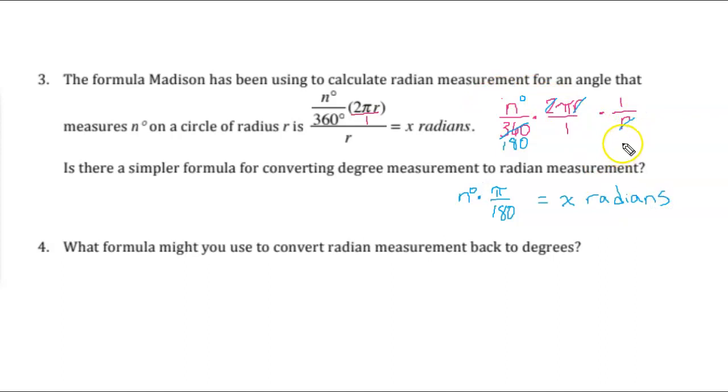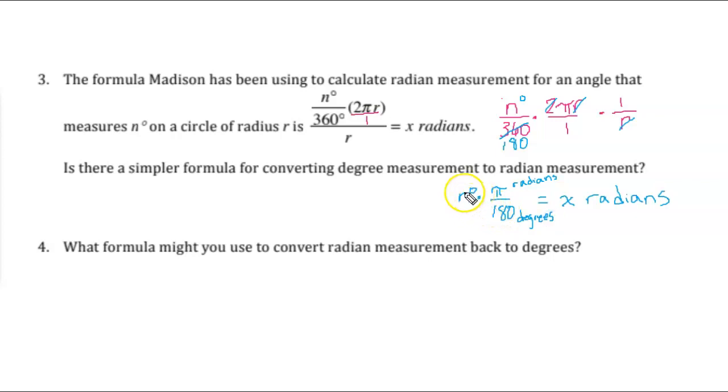So we were able to simplify, use some of those rational function skills and expressions that we had earlier, and get to this formula. This is also a very important proportion. If we think about it from a conversion standpoint, pi is the measurement of half of the circle in radians, and 180 is also the measure of half of a circle in degrees.